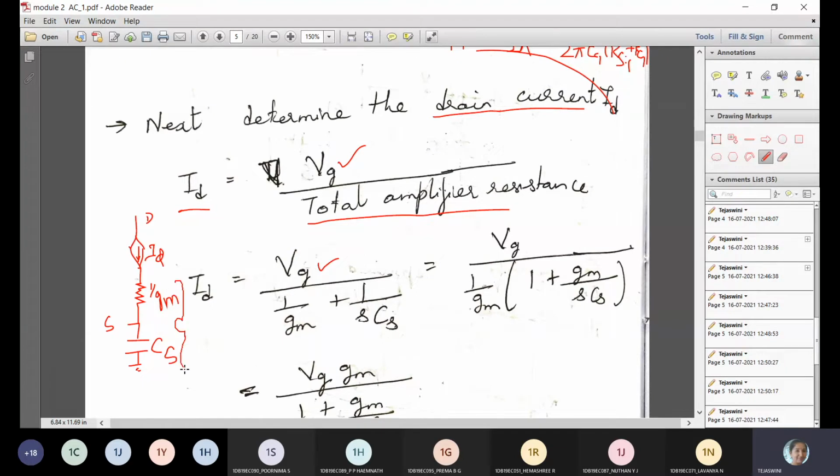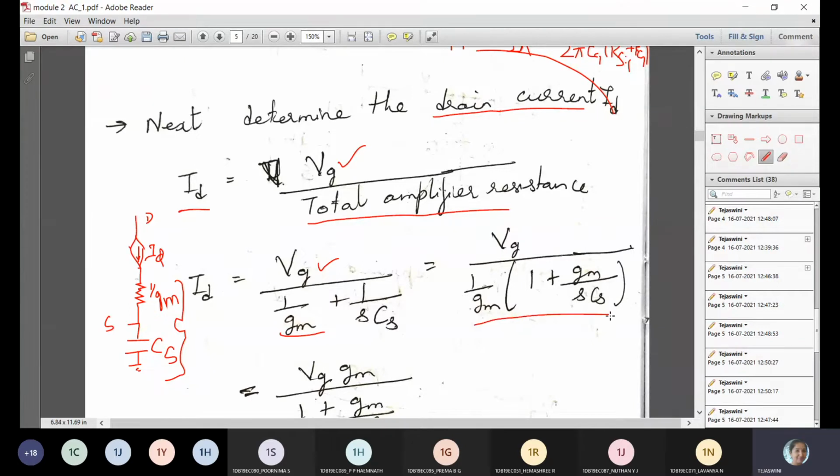So you are going to add these two resistances. How to find this? 1 by SCS, same as previously you told SCC1. Here it is 1 by Gm plus 1 by SCS. Same concept. Okay. So now if you take 1 by Gm common, Vg by 1 by Gm into 1 plus Gm by SCS.